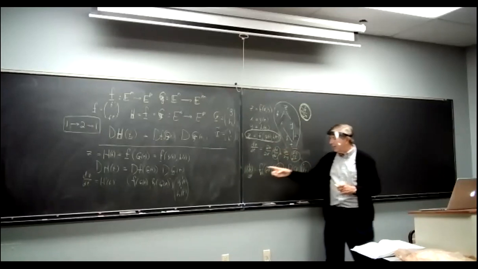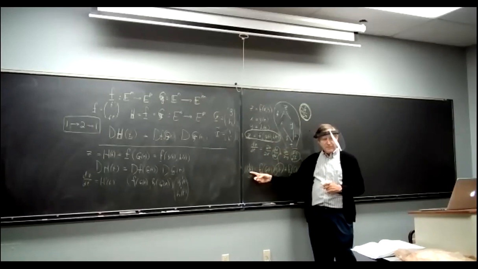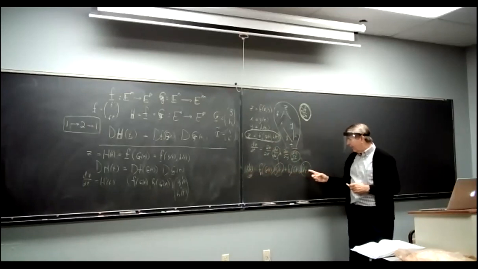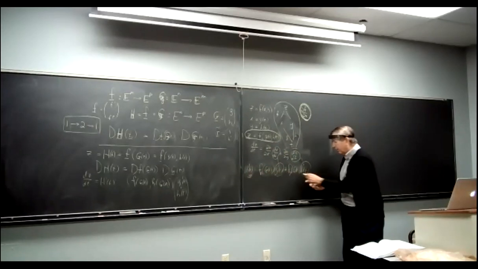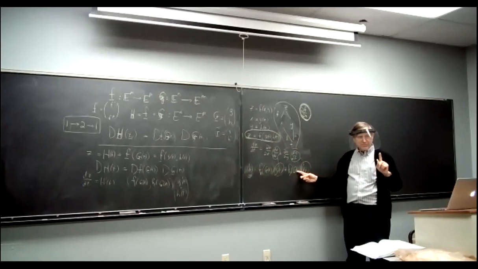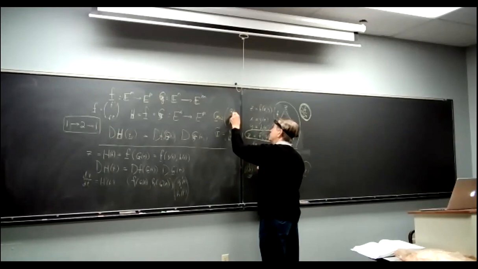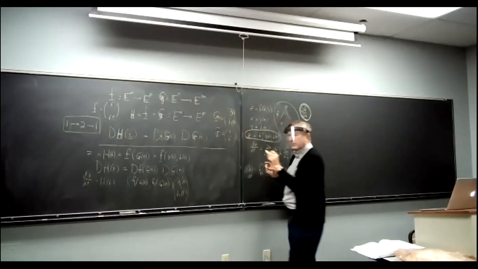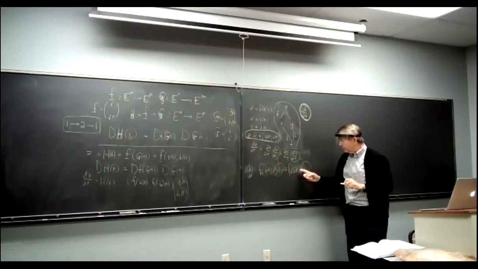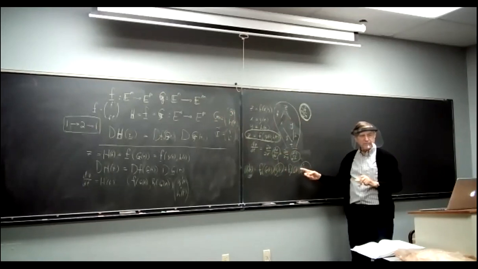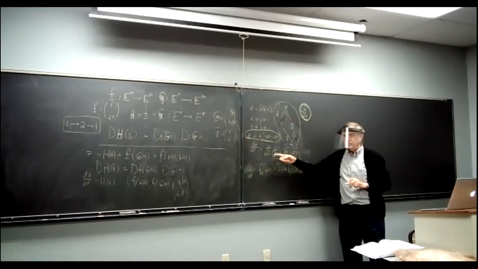If I'm going to evaluate this at 1, I would evaluate this at 1, and here is g of 1. That is g of 1 and h of 1, see? In other words, this notation tells you it's a composition. This notation does not.